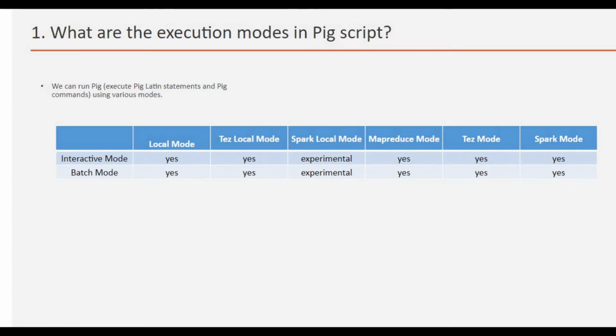Second is batch mode, where you write a file with all the scripts, save it commonly as a .pig file, and run it as a script file. And third is to create a user defined function, for example, what is most common is PiggyBank. That is embedded mode.